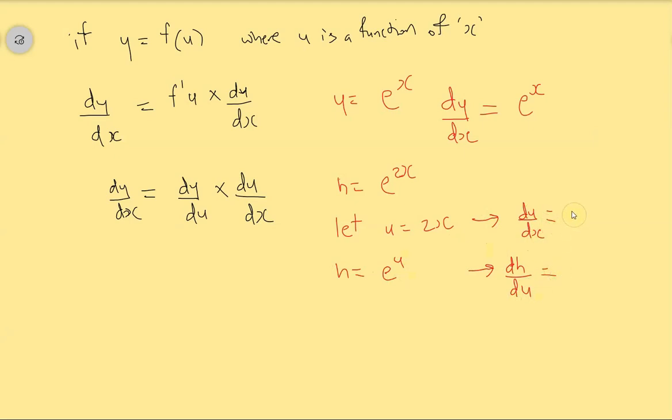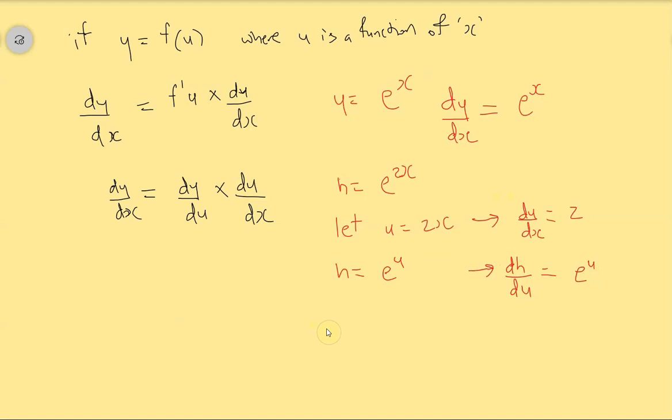Now du dx is simply 2. If you differentiate 2x, that's 2. And if you recall from up here, if you differentiate e to the u, the result is e to the u.